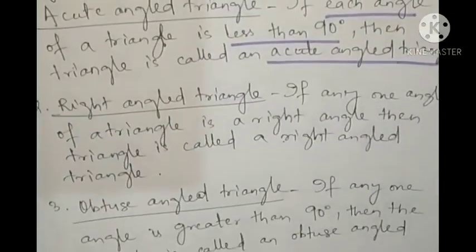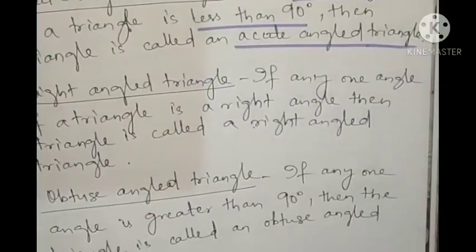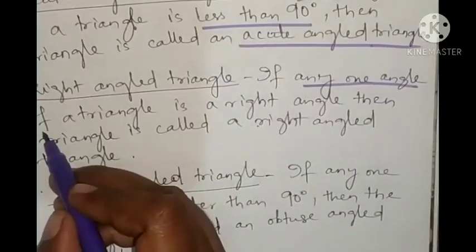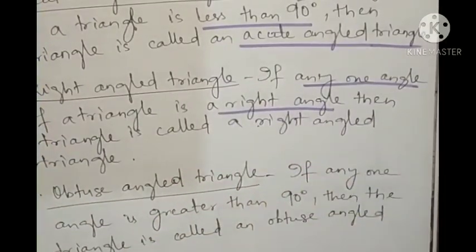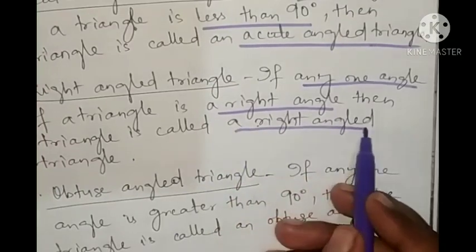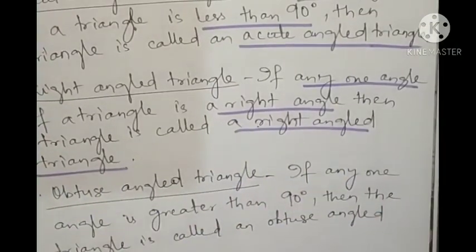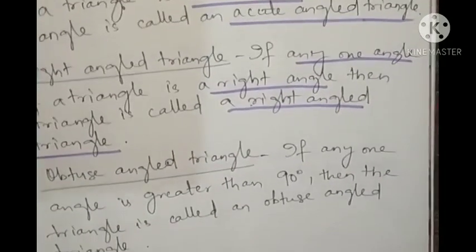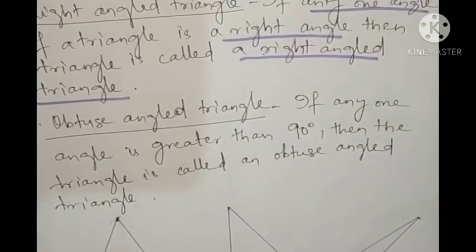Next we will see right angled triangle. If any one angle of a triangle is a right angle, then that triangle is known as a right angled triangle. So in a right angled triangle, one angle needs to be a right angle. Next, obtuse angled triangle.